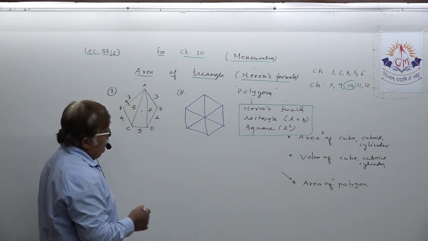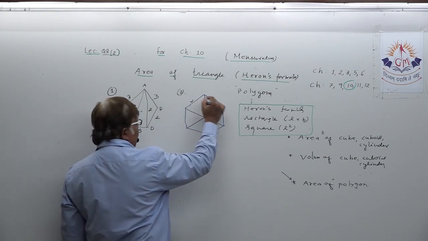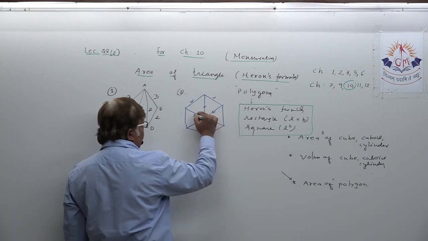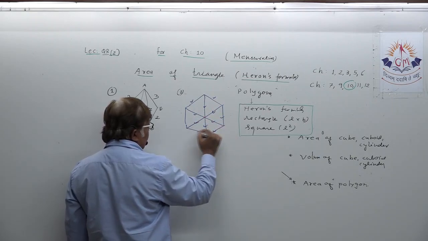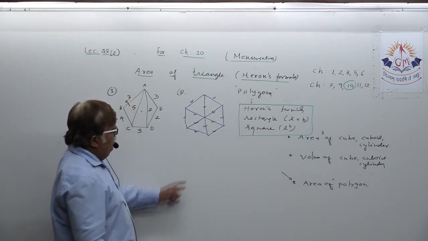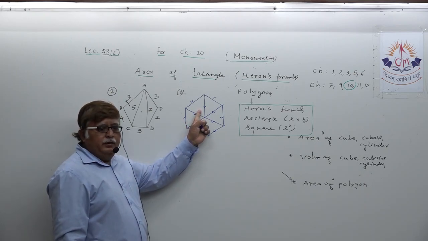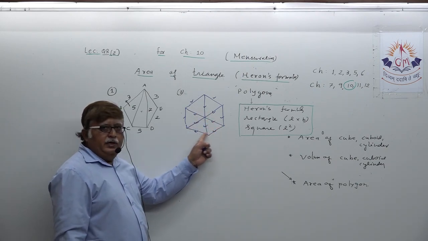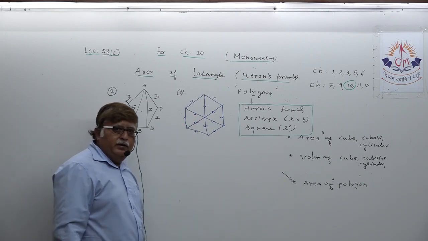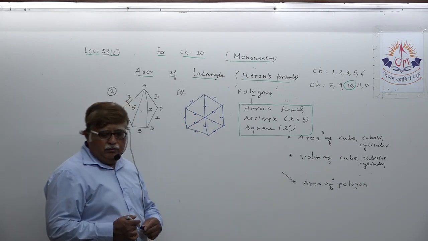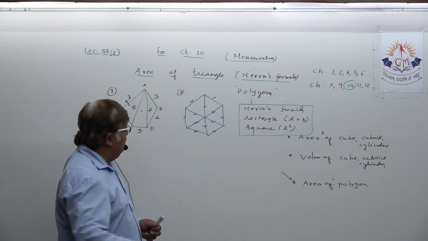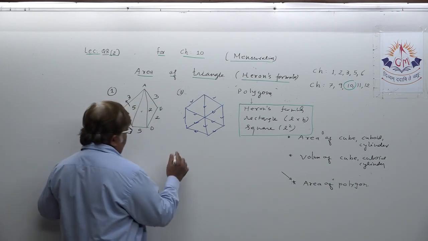If you have knowledge of all these sides, you will find the area of one triangle. After finding the area of one triangle, you multiply it by 6, and you will get the area of the hexagon quite easily. Understand?